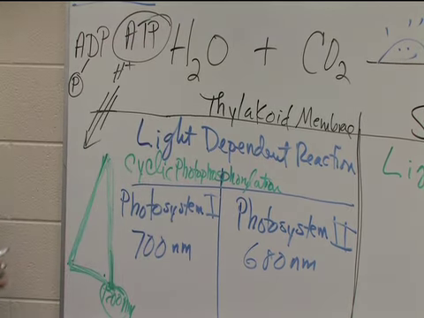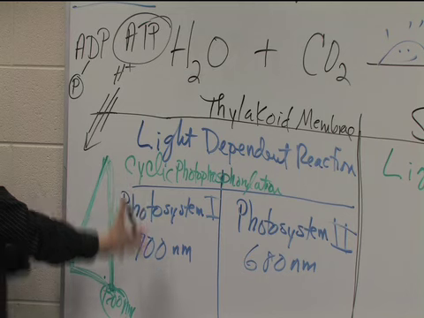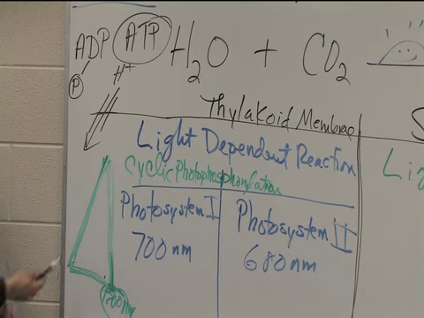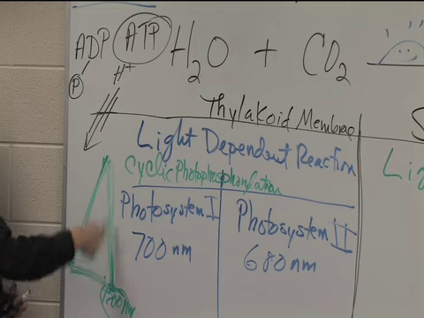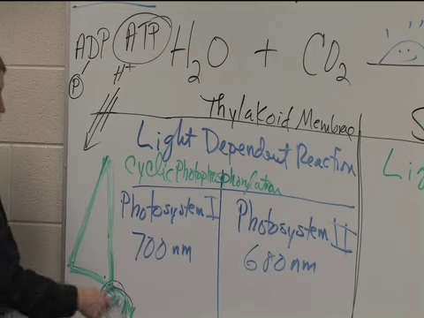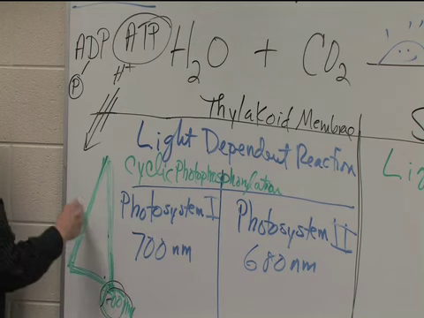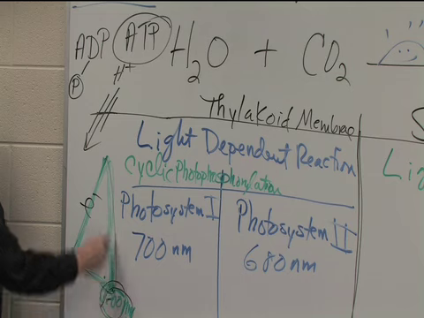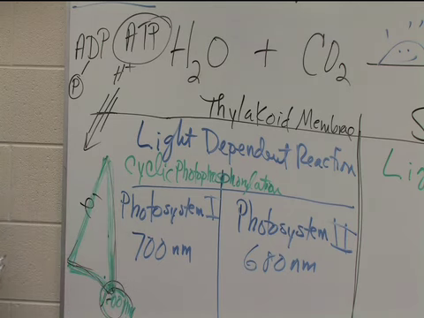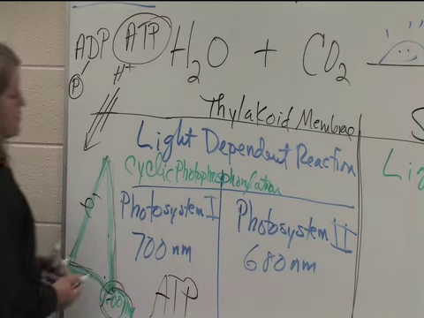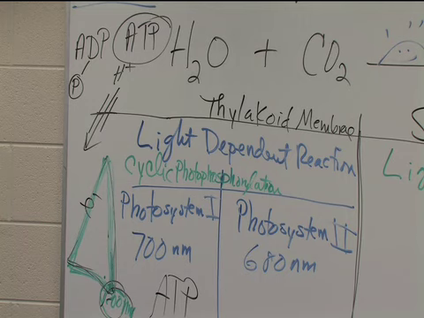We've just made some adenosine triphosphate in this photosystem 1, the cyclic photophosphorylation. Now what's being cycled here? The pigment. The pigment is where the electrons get excited, and it's the electrons. Yep, the electrons are being cycled. So cyclic photophosphorylation. And you're only making a little bit of ATP with this cyclic photophosphorylation in photosystem 1.